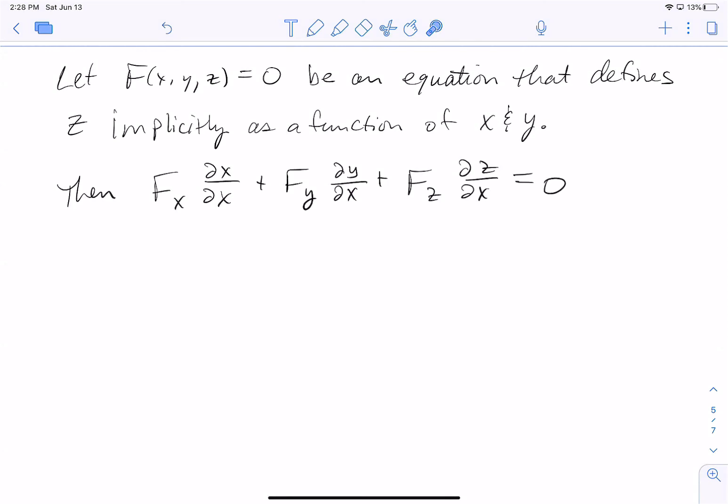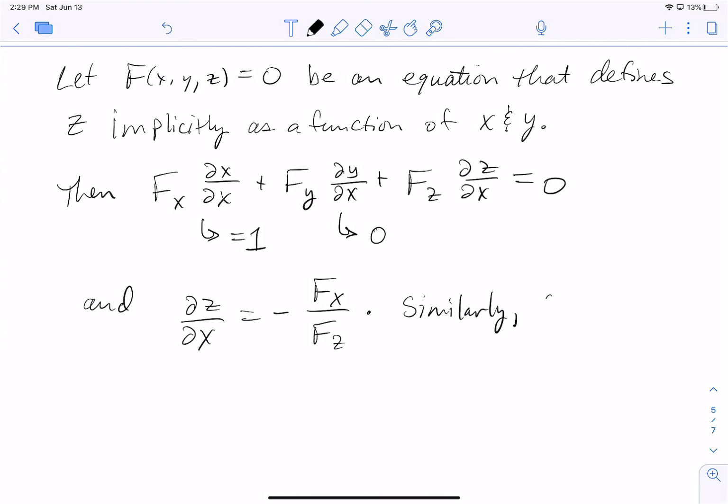And you can see that I'm using the subscript notation for the partials of f. As before, the partial of x with respect to x is equal to 1. The partial of y with respect to x, well, folks, as far as x is concerned, a partial derivative is holding y constant, and so the partial of y with respect to x is 0. Therefore, the partial of z with respect to x is equal to negative partial of f with respect to x divided by partial of f with respect to z.